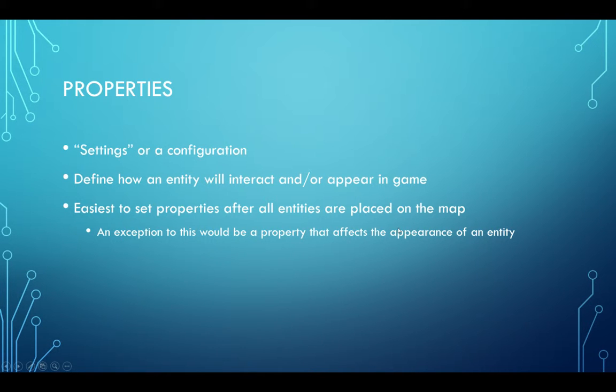It's easiest to set properties after all the entities are placed on the map. So it's easiest to make sure everything looks good aesthetically first, and everything makes sense before you go ahead and start making properties. And of course, an exception to this would be a property that affects the appearance of an entity, such as a switch.